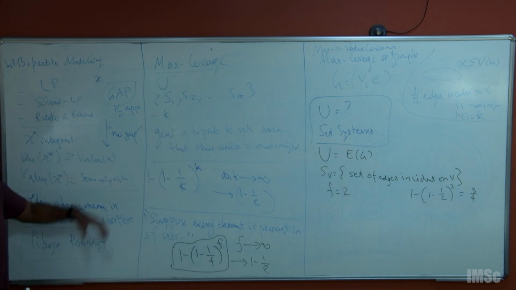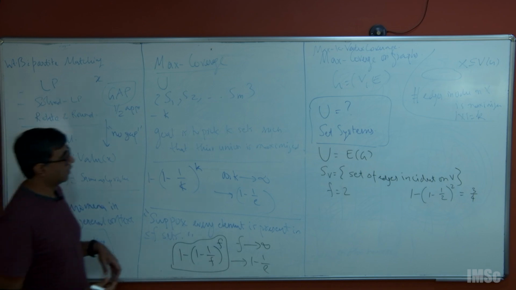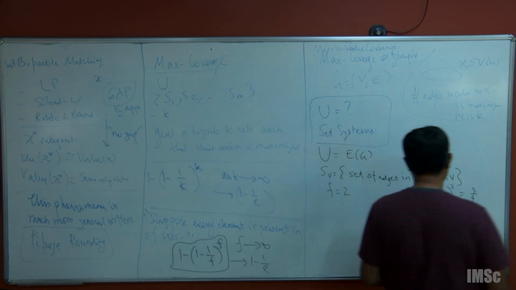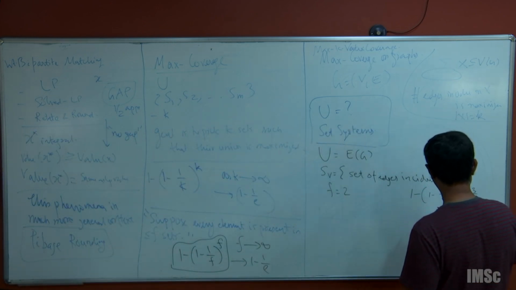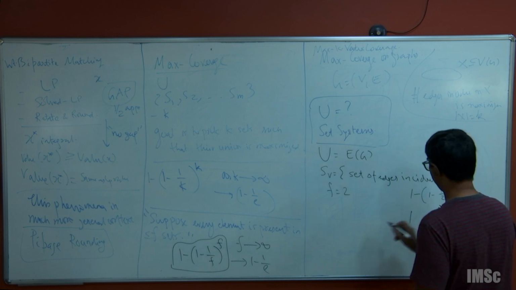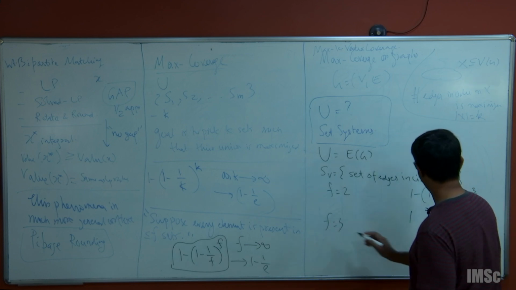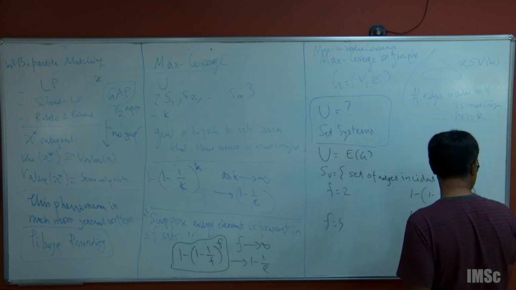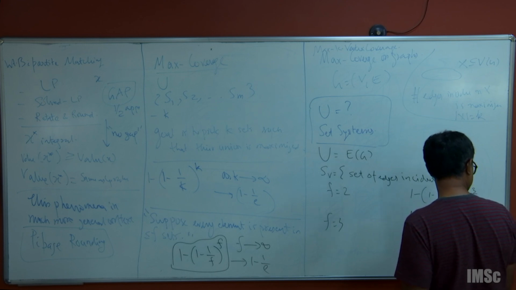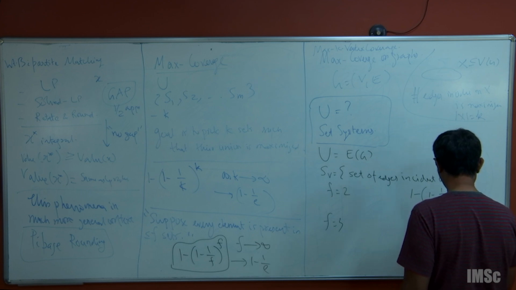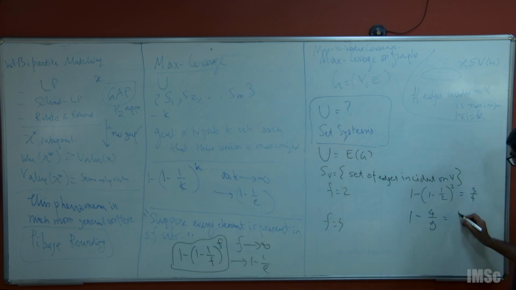So you notice that this is a very general problem. For example, if F equals 3, then what would we get? 1 minus 1 by 3, and 2 by 3 squared is 4 by 9. Is it correct?